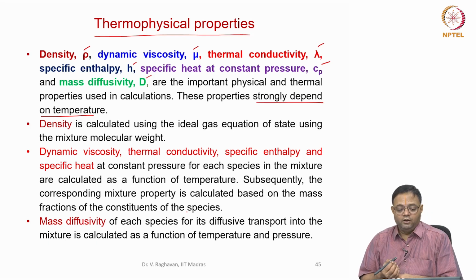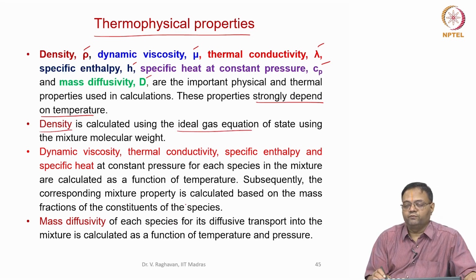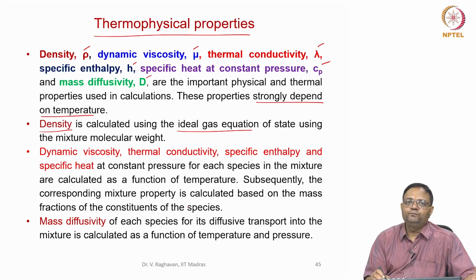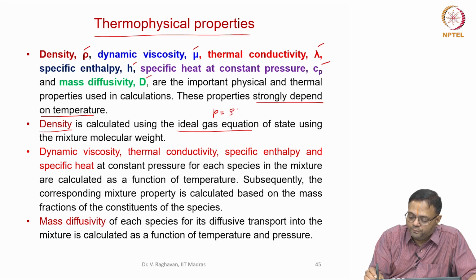Reactive flow field. So, basically what we can do is density can be calculated using the ideal gas equation of state, assuming that the density values are low enough because the temperatures are quite high or the pressures are not very high. So, P equal to rho RT.